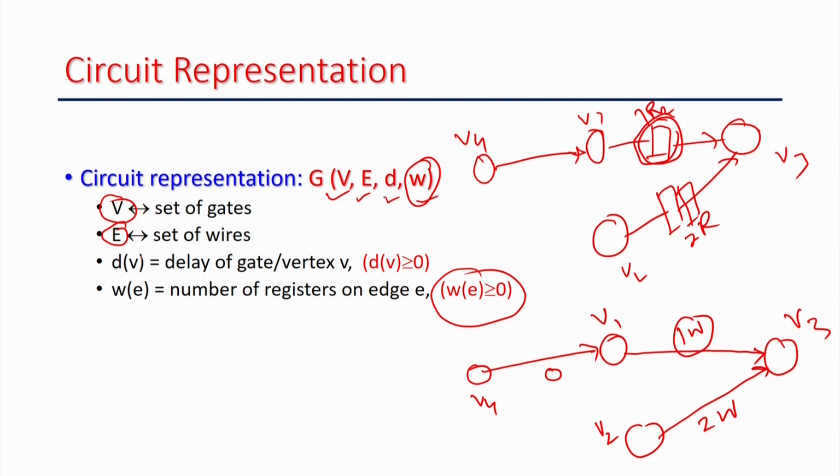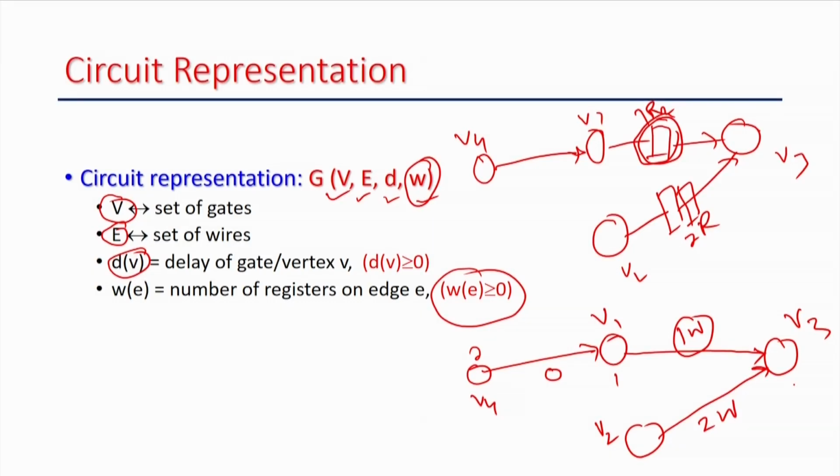Also I have d(V), the delay of the gate. All gates have some delay associated with them, and that has to be an input of your circuit. Usually we have statistical data for a particular target architecture, say for FPGA, Xilinx Virtex 4 or Virtex 6, or Altera Stratix 5 or Stratix 10, or an ASIC target.